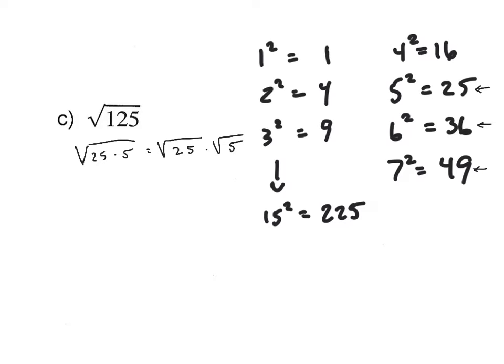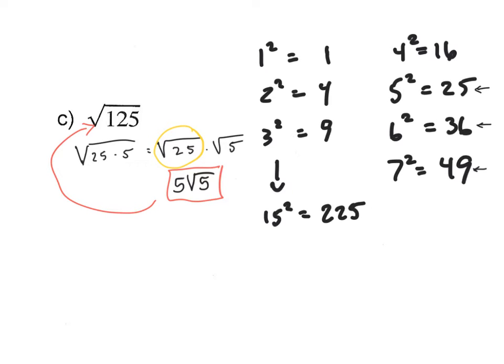And I can go ahead and simplify this one. I know that the square root of 25 is 5. I do not know the square root of the other 5, so I just bring it down. And there we go. 5 square root of 5 is the equivalent expression, and it's simplified.